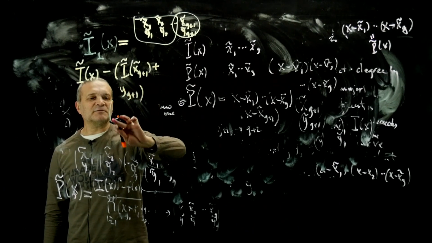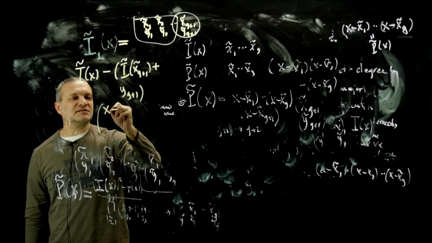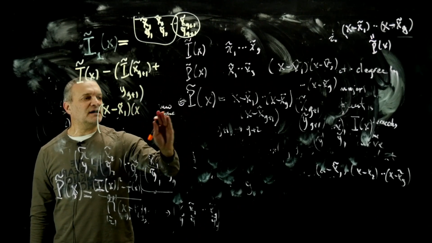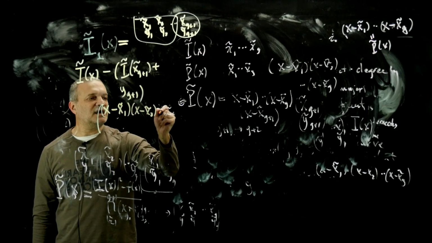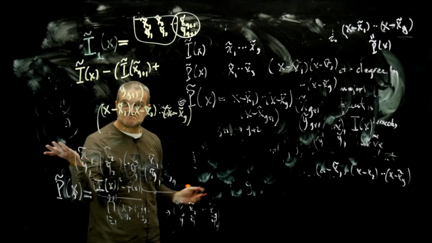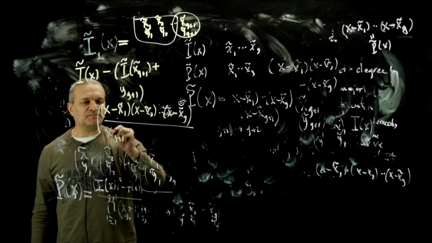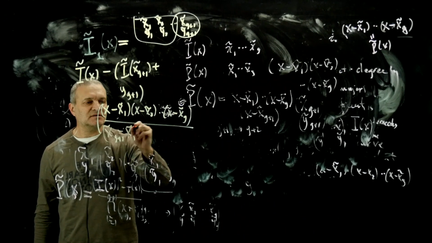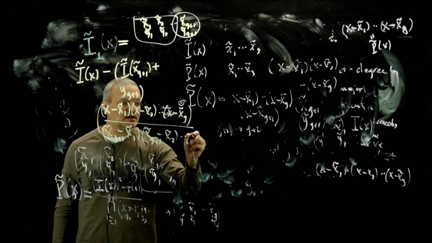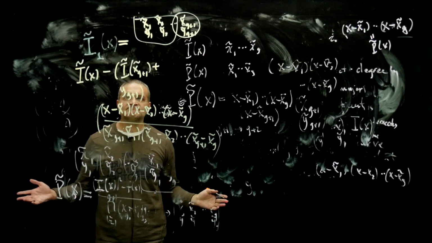And now I'm going to multiply it by, well, you may be guessing, x minus x1 tilde, x minus x2 tilde, and so on, x minus xg tilde. I know this, right? No problem. Divided by xg plus 1 tilde minus x1 tilde, xg plus 1 tilde minus x2 tilde, and so on. And I'm done. That's it.